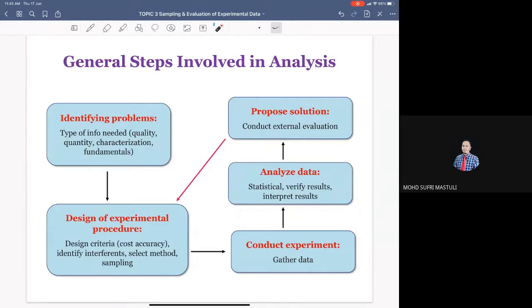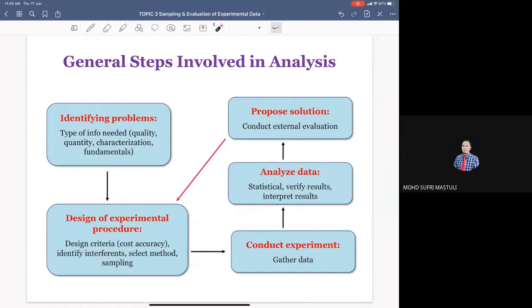After we design the experimental procedure, after we confirm, and then we proceed with conducting experiment. What is the purpose of conducting experiment? We want to gather the data. After we obtain the data from the analysis, we're gonna to analyze it. We're gonna to evaluate the data. Is the data acceptable, reliable? Is the data accurate, precise?